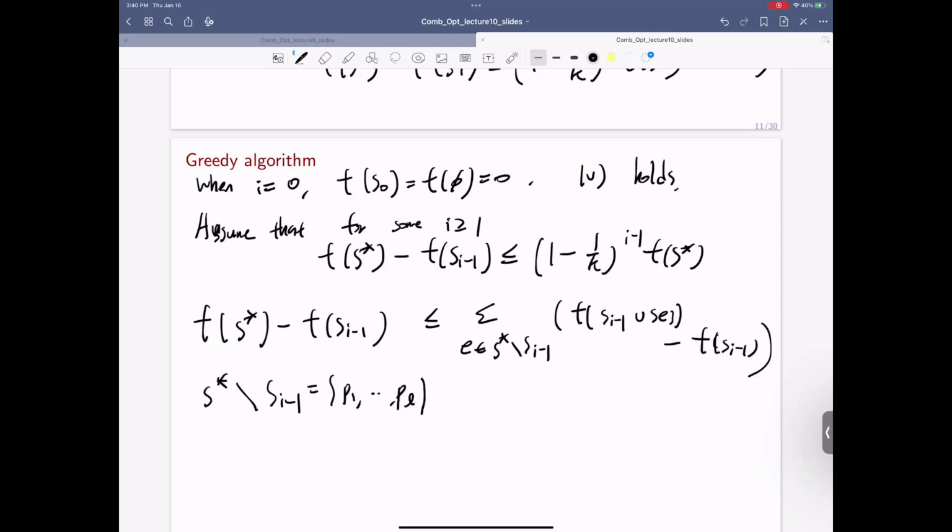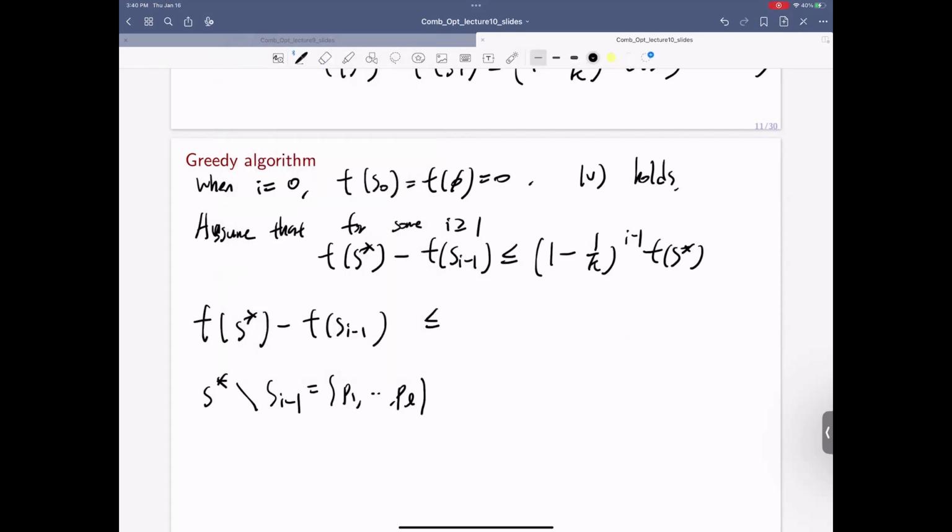This is what I want to claim using the diminishing marginal returns property. So let's prove this.